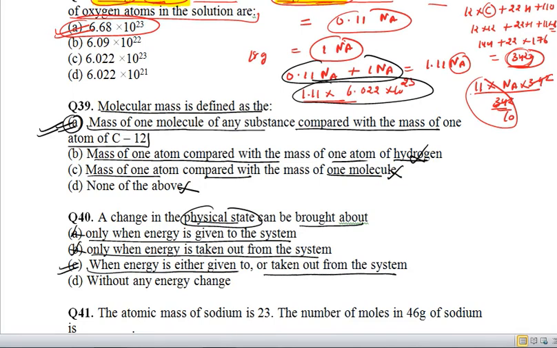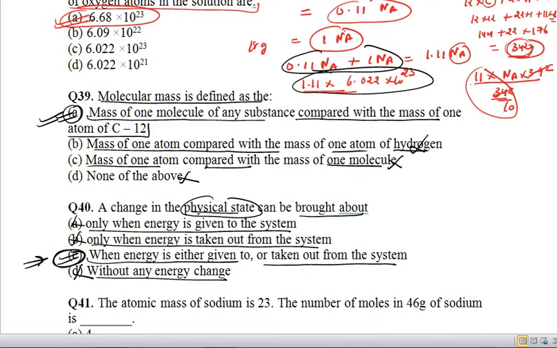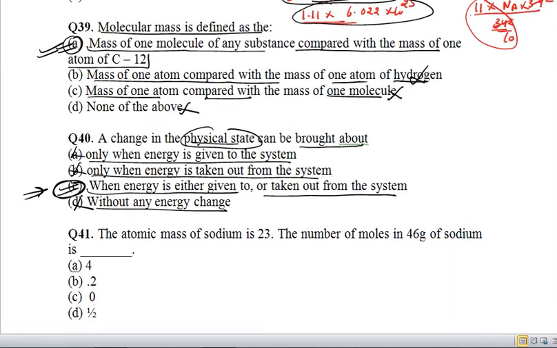Yes, both the options are perfect. Without any energy change. No. So C, this is what we are going to mark our answer to be, that for bringing about a physical change, energy can either be given in or it can be taken out from the system.